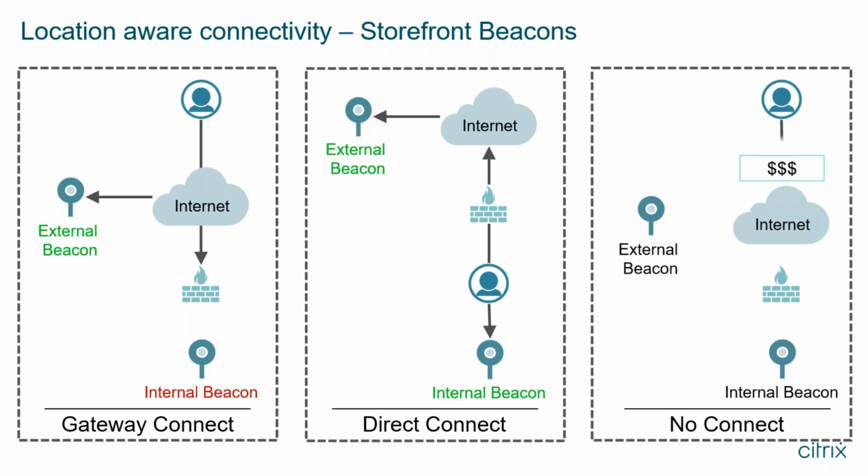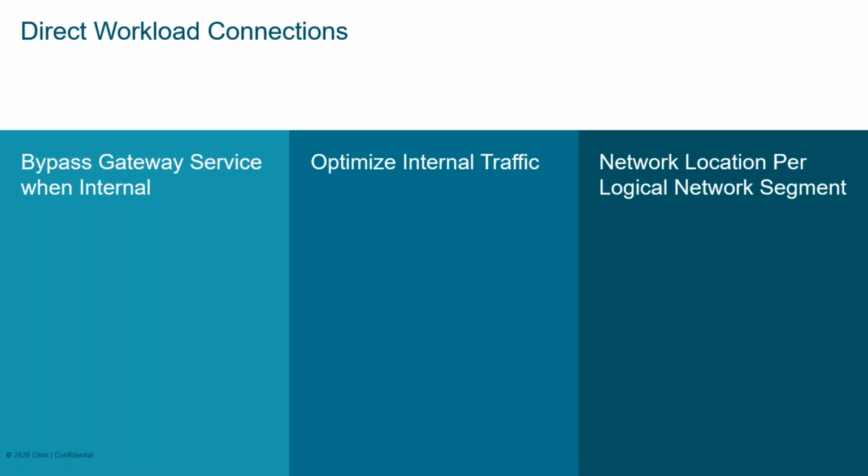So I'm just building that out. That allowed us to hit both external and internal beacons and then route that traffic appropriately. Today we're introducing the concept of direct workload connections using Network Location Service. This gives us the ability to bypass the Gateway Service when we're on the internal network.